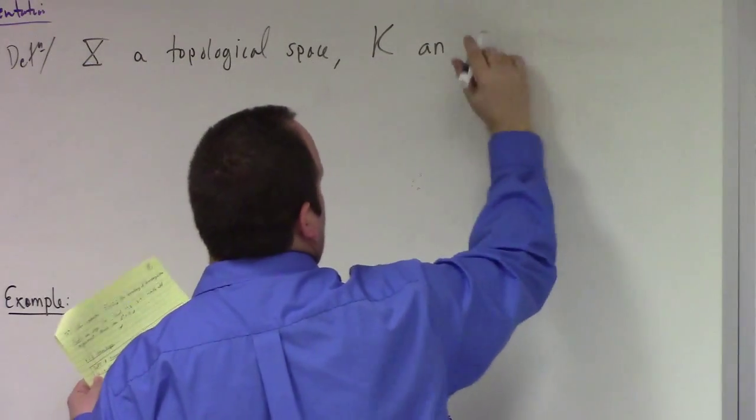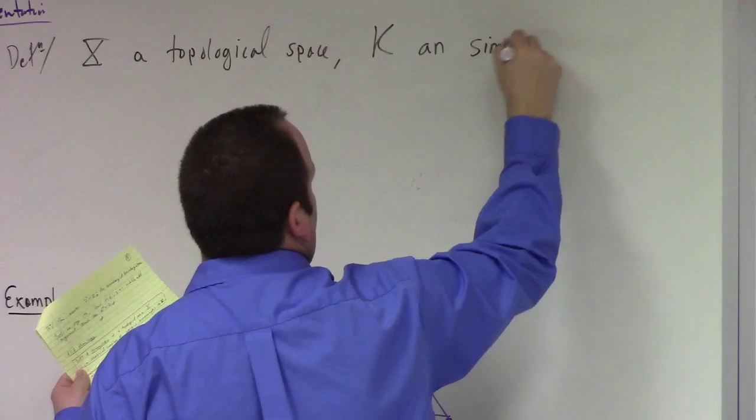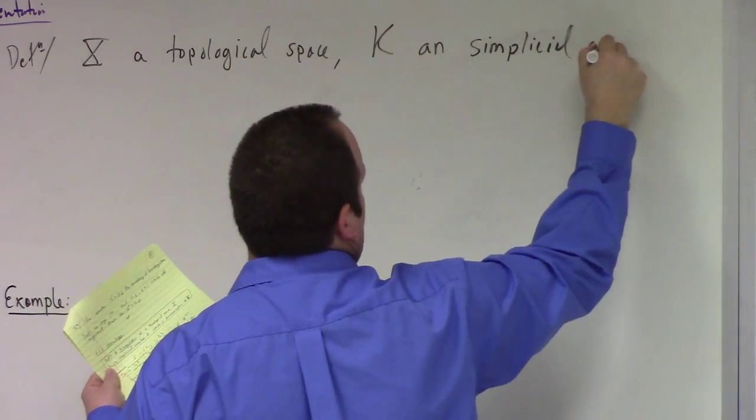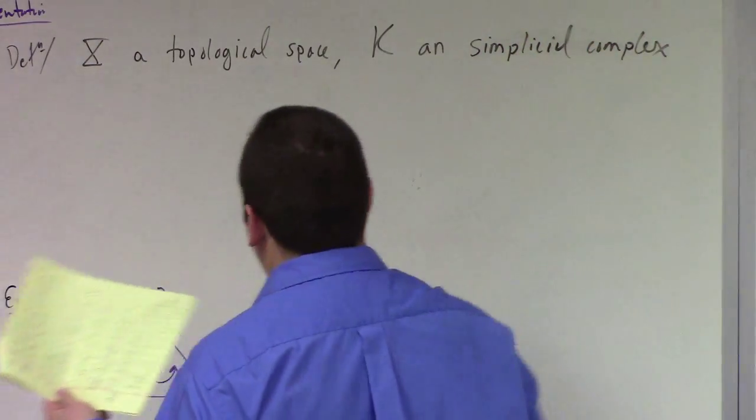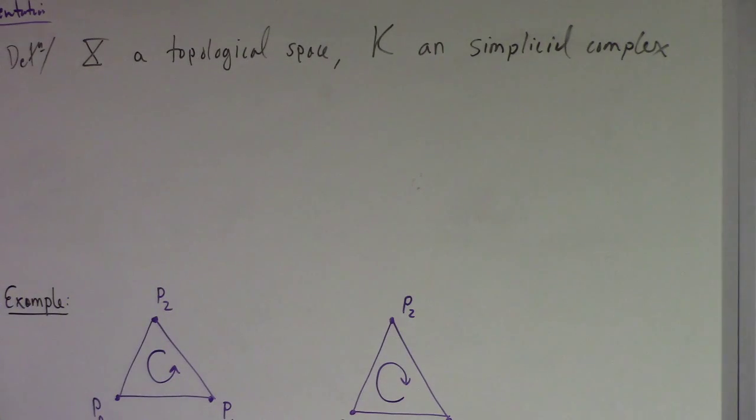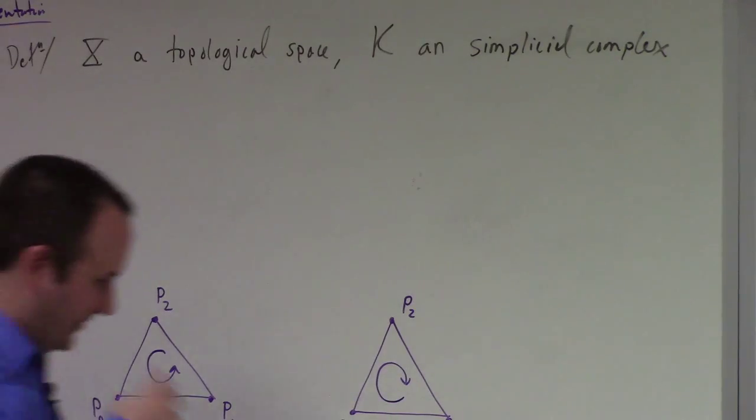Let's just say a simplicial complex. The orientation matters to us for integration. It doesn't matter to the homology, as it turns out. Not something I'll prove here, but nevertheless true.